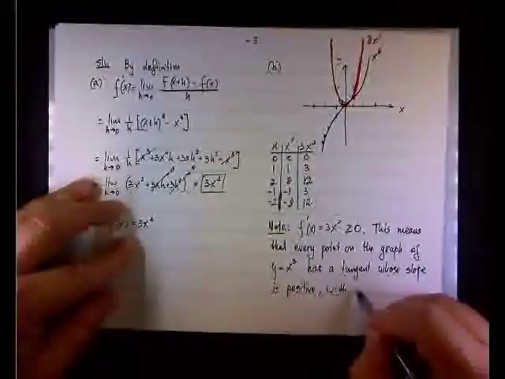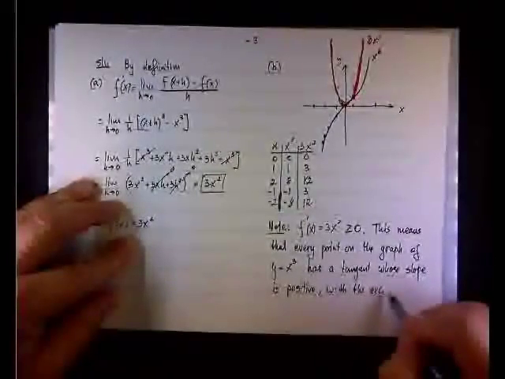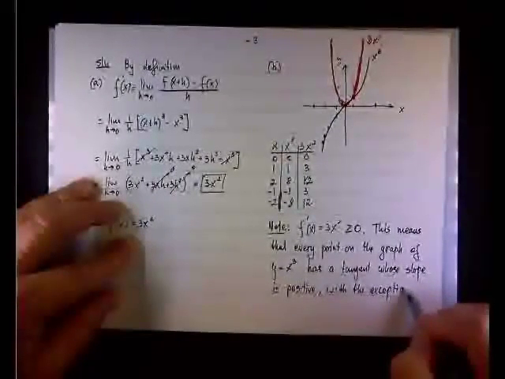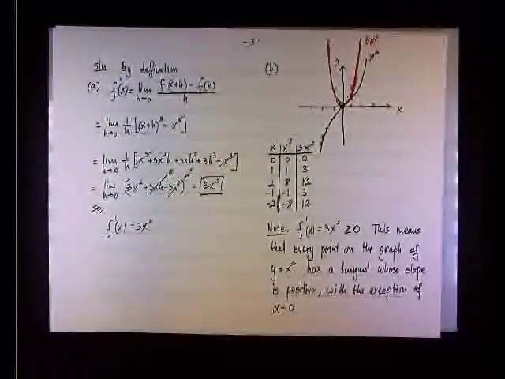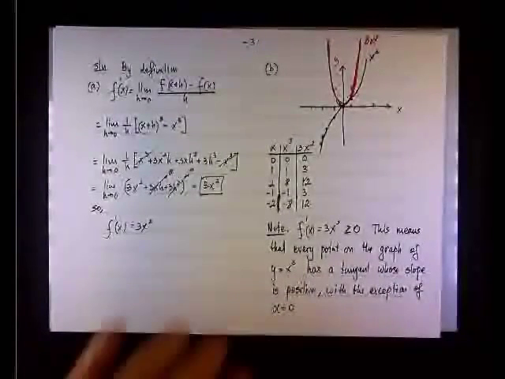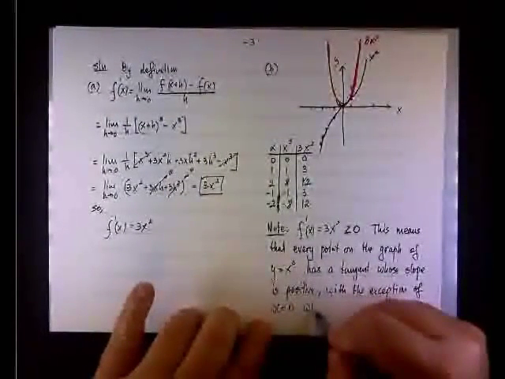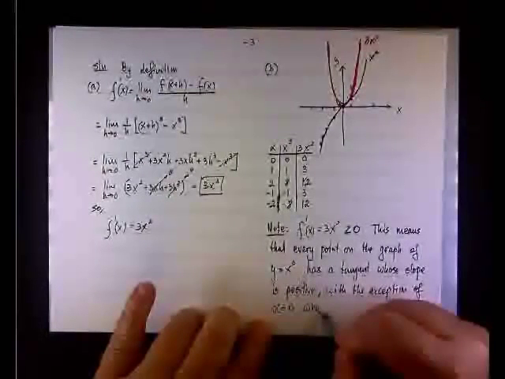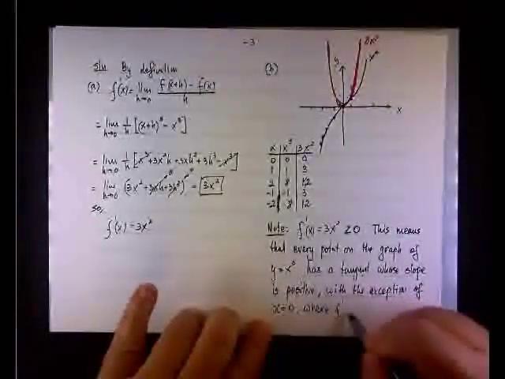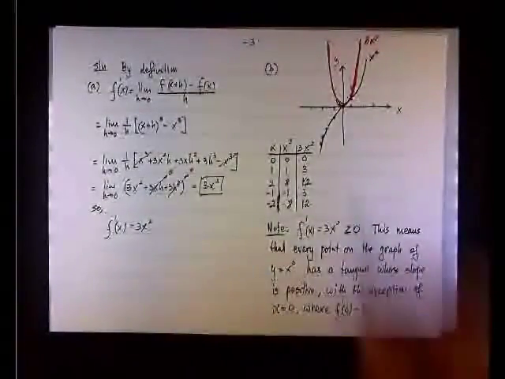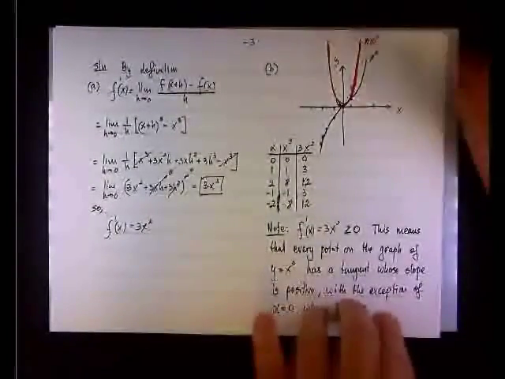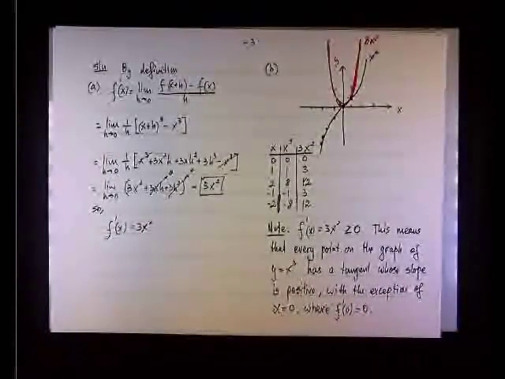Okay? With the exception of, what would be the exception? x equals 0, because f prime of 0 is 0. And the exception is where f prime of 0 equals 0. So that's the only exception. And this is what the graph tells you. You can see that the red is always positive. The derivative in red represents a positive function. Okay?